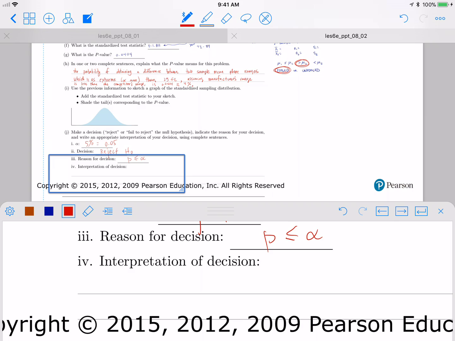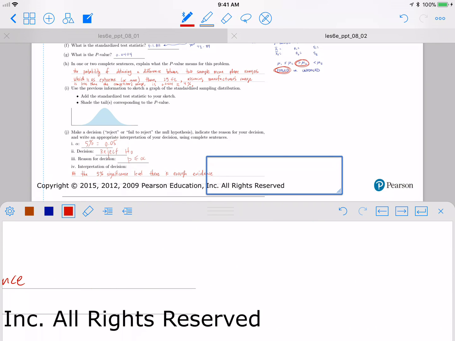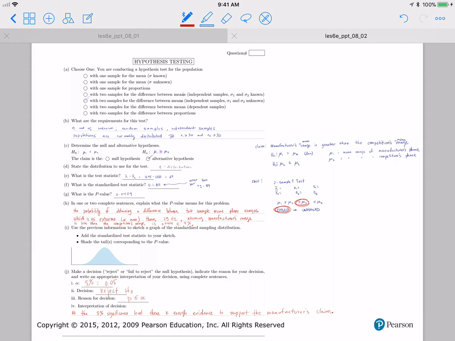So at the 5% significance level, there is enough evidence to support the claim, the manufacturer's claim, that their phones have a larger range.